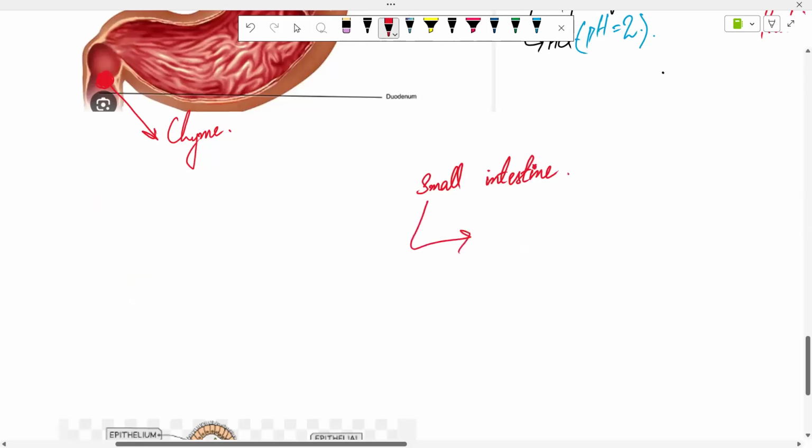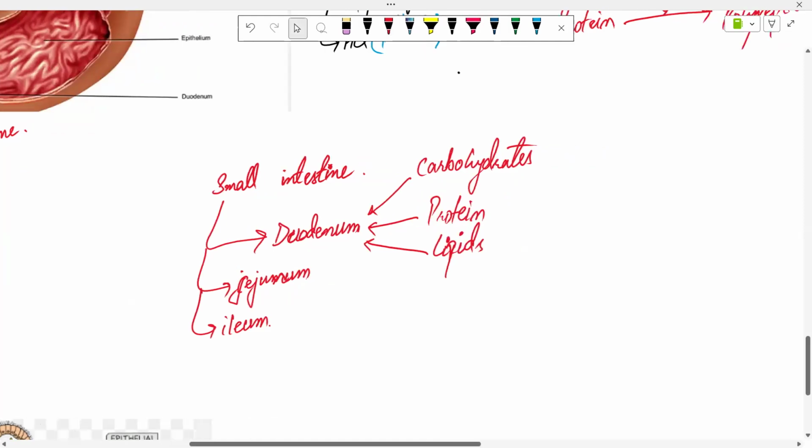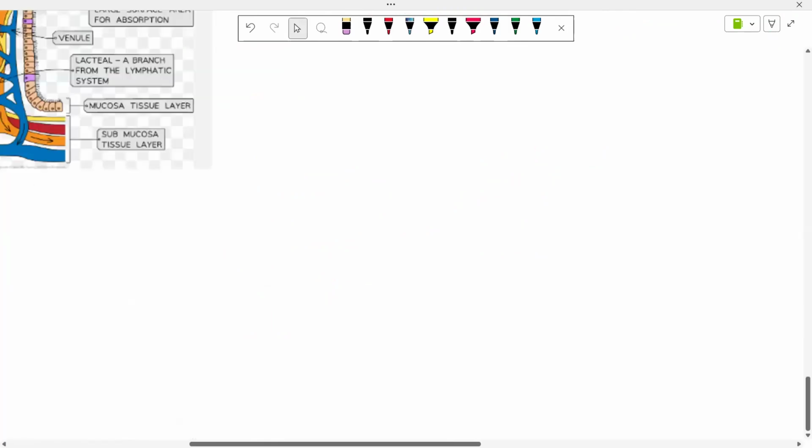Now, the small intestine has three parts: duodenum, jejunum, and ileum. Duodenum is important because all the three components of food, that is carbohydrates, proteins, and lipids, are digested here with the help of enzymes. Now, where do these enzymes come from?